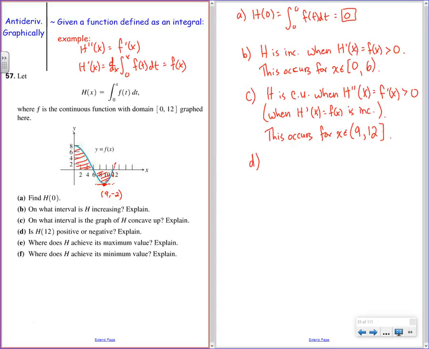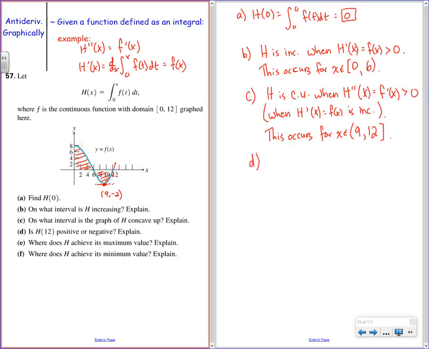I would say it's positive. So then, what Kyle is trying to say is, if we compare this area with that area, this one is a positive, take it as a positive, this one needs to be subtracted. Which one seems to be greater?